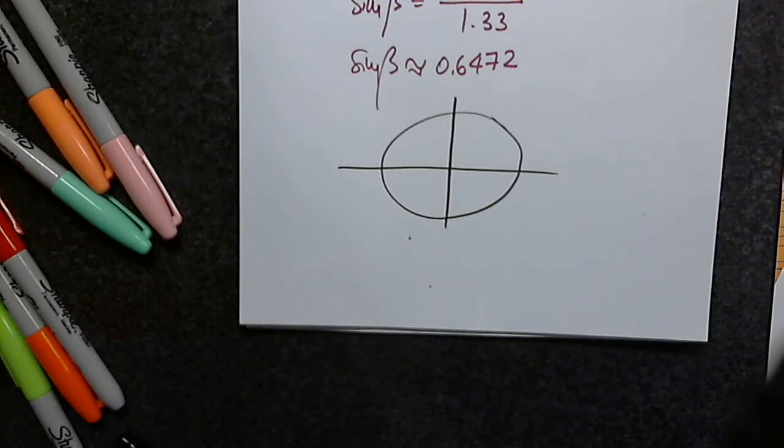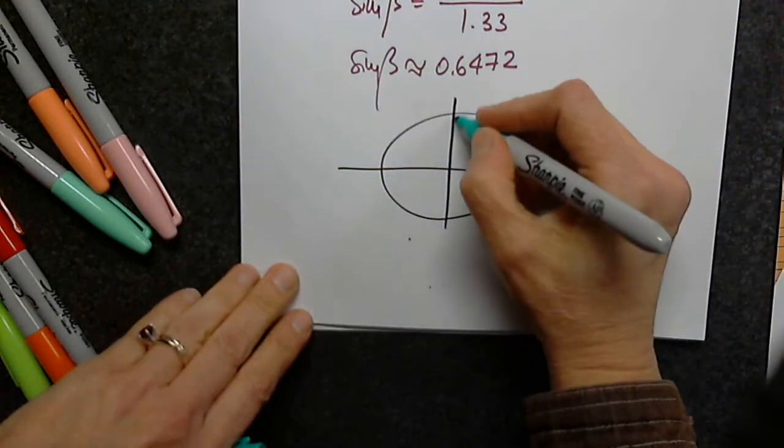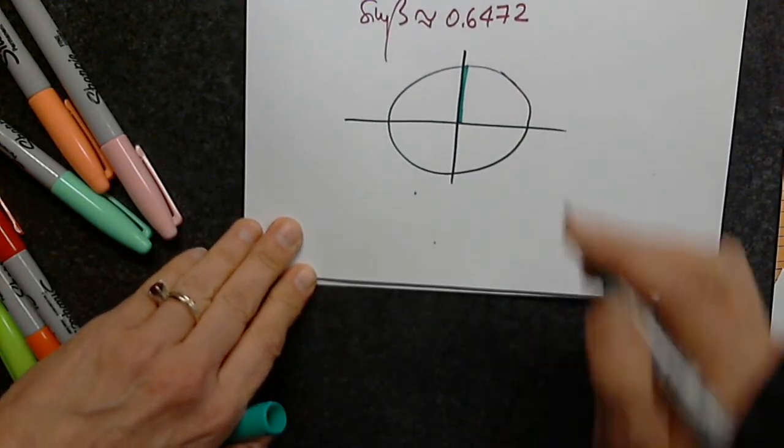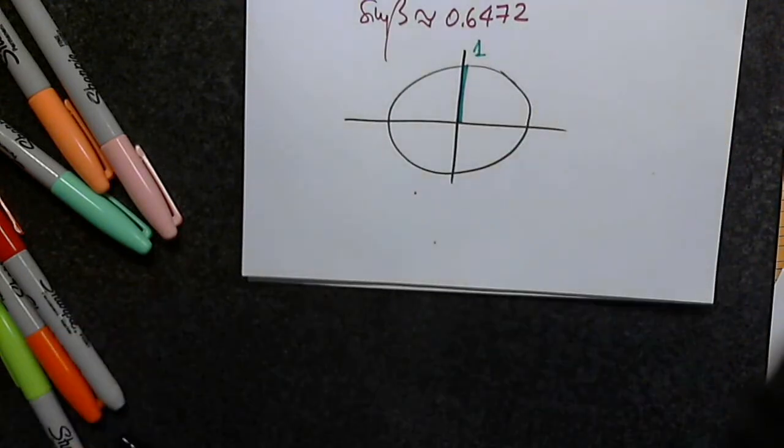That's an angle, I'm talking about sine. 1, right? So this is the maximum possible that sine can be. What is the minimum possible that sine can be? Negative 1.